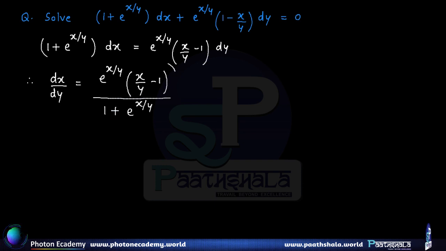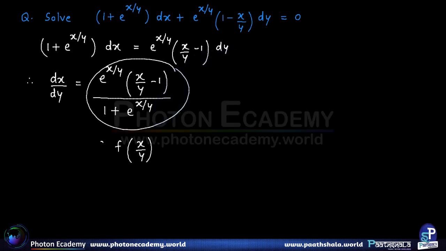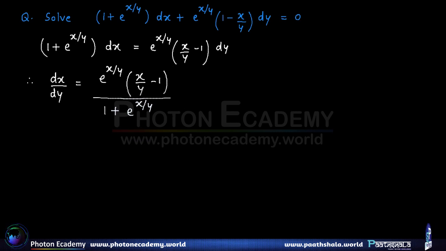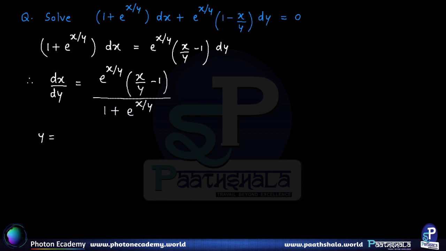Now the right hand side can be thought of as purely consisting of some function of x/y, and of course here we see that lambda raised to n. So in short we can think of the right hand side as a homogeneous function, right? If we remember, in the last type we had substituted y = vx.